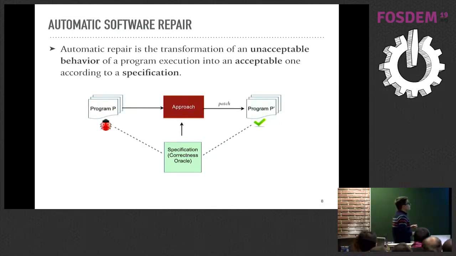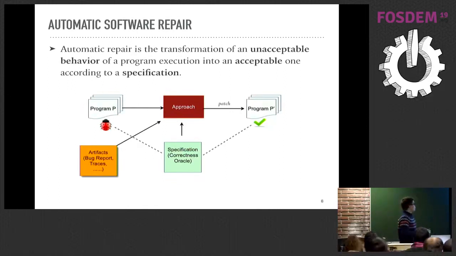And the idea is to create a version of P whose behavior is acceptable with respect to the specification, or the oracle. Additionally, this approach can consume, in addition to the source code and the specification, some artifacts, for instance, bug reports, traces, etc.